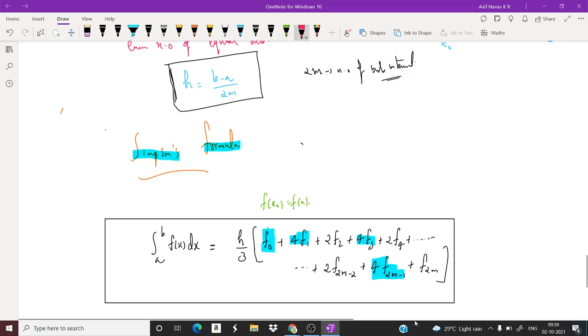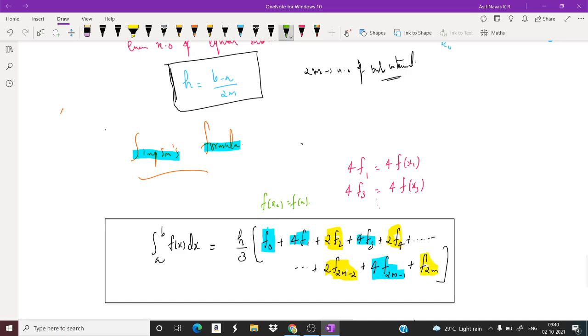So that is 4 into f of x1, 4 into f of x3, etc. And for even terms the coefficient is 2: 2 into f2, 2 into f4, and so on, up to 2 into f 2m minus 2.